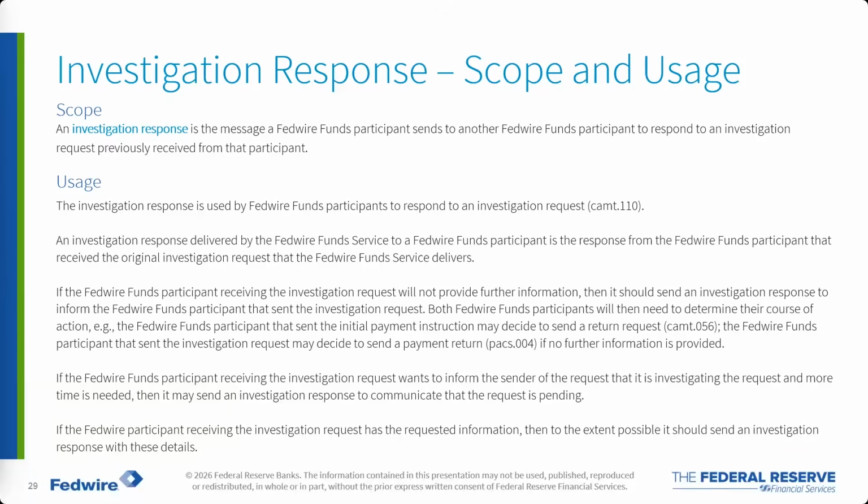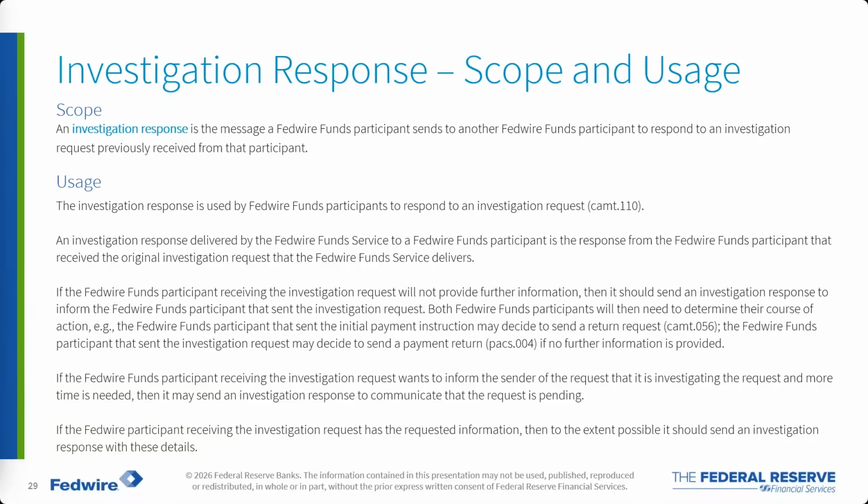Now, the investigation response message, scope and usage. Here too, I'm not going into too much detail of the scope and usage as that has not really changed. The investigation response is the message used to respond to a previously received investigation request, meaning the CAMT 111 investigation response responds to a CAMT 110 investigation request message.